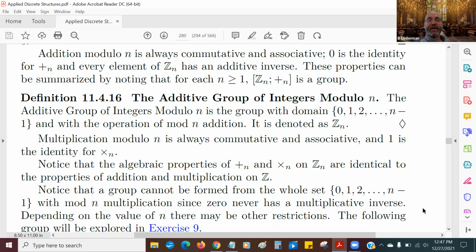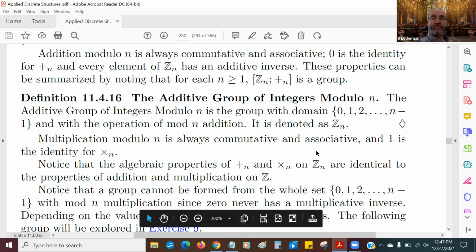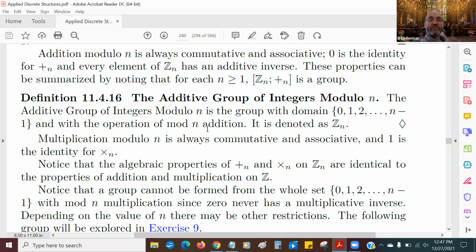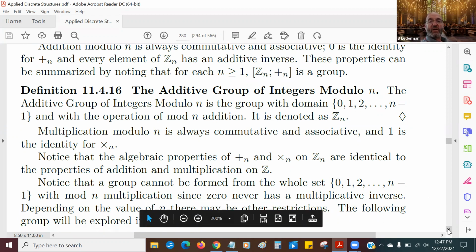Anyway, multiplication mod n is also going to be commutative and associative, and the algebraic properties of addition and multiplication mod n are the same as for regular addition and multiplication.